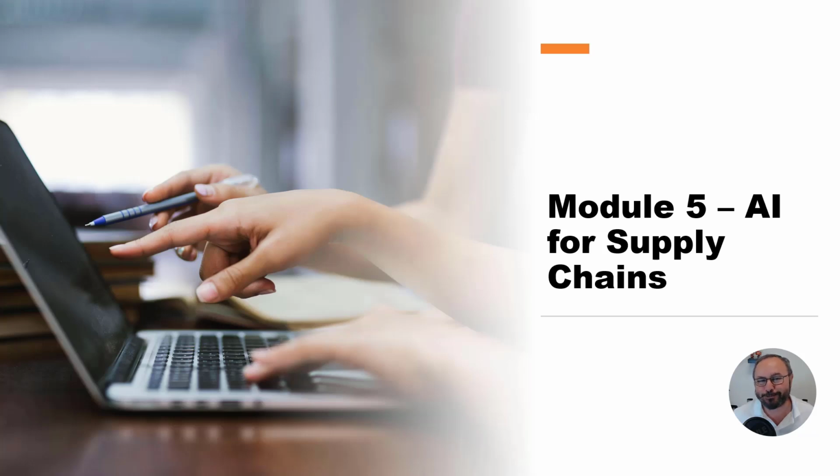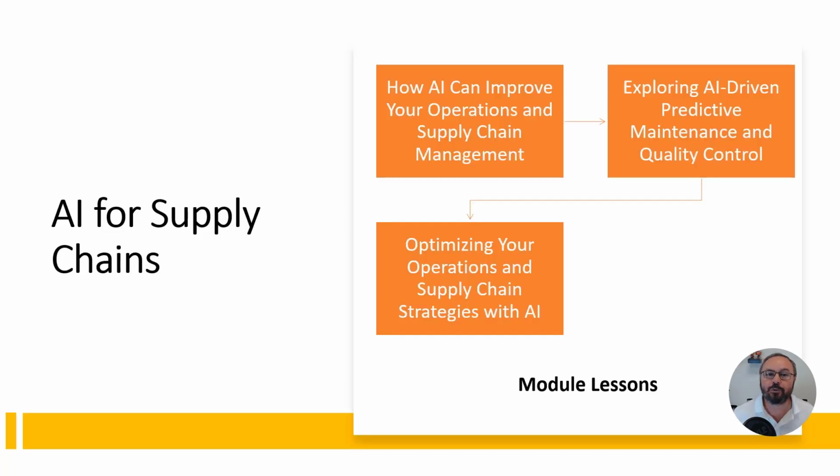Welcome to Module 5. In Module 5, we want to focus on supply chains. When it comes to supply chains, we want to be aware that supply chains are really going to entail everything from purchasing products to also selling and servicing products as well in a lot of different organizations. So from a lesson perspective, we want to understand how AI can be used to manage our supply chain.